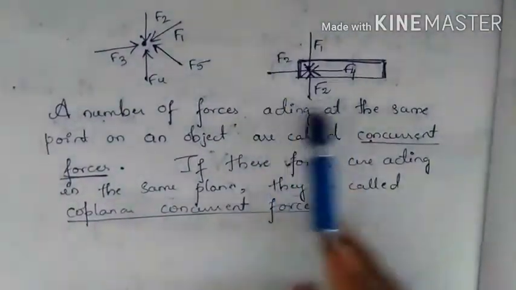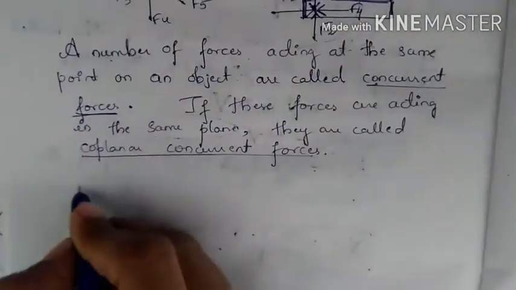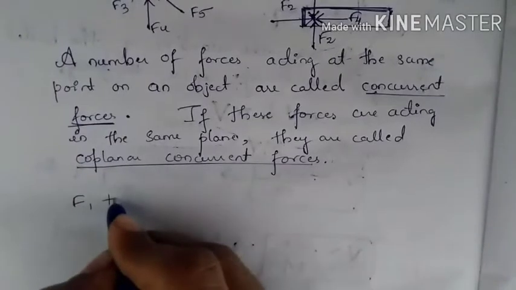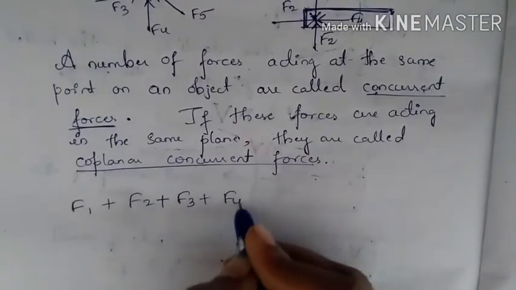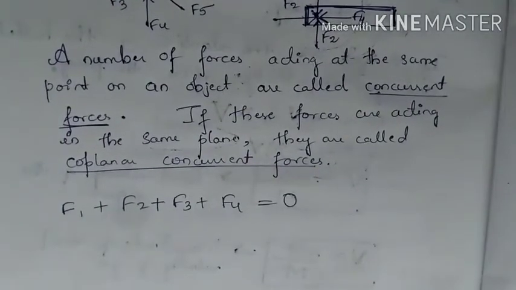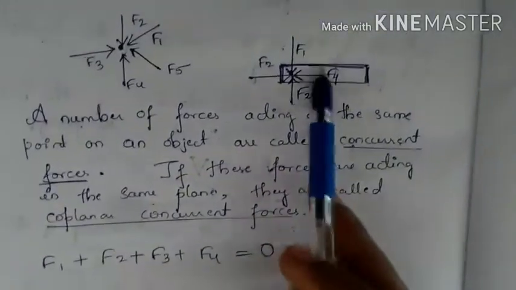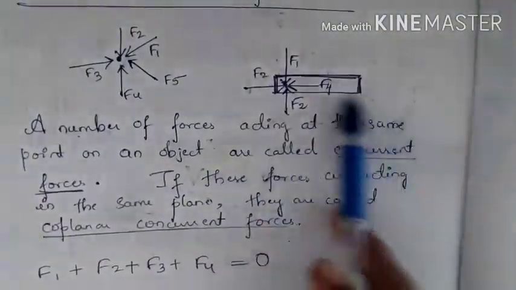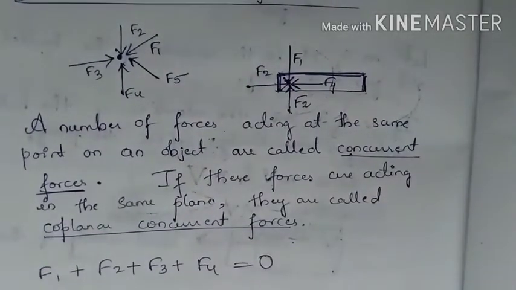So you can see here, F1 plus F2 plus F3 plus F4 is equal to what? 0. So for equilibrium of a body under the action of a system of concurrent forces, the resultant of these forces must be equal to 0. That is what I have written here.